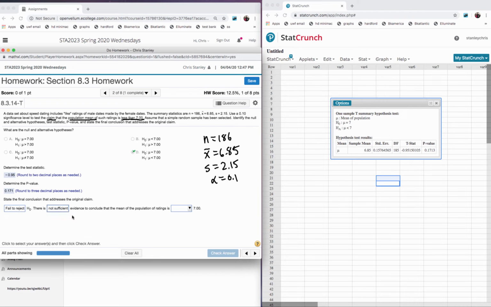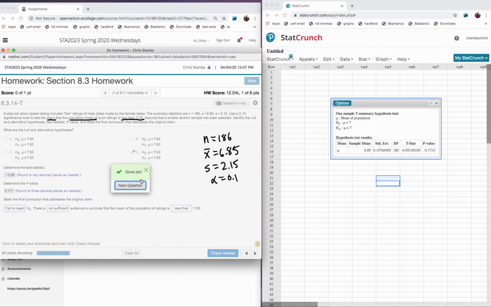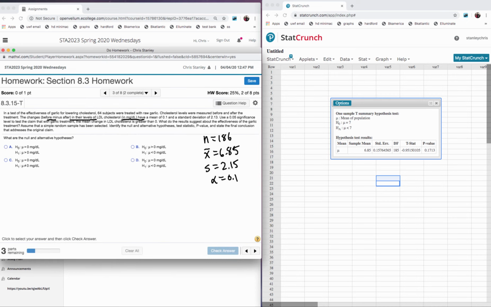There is not sufficient evidence to conclude that the mean of the population is less than 7. Okay, we couldn't find evidence for this because we believe it's 7. That's the normal way it's written.